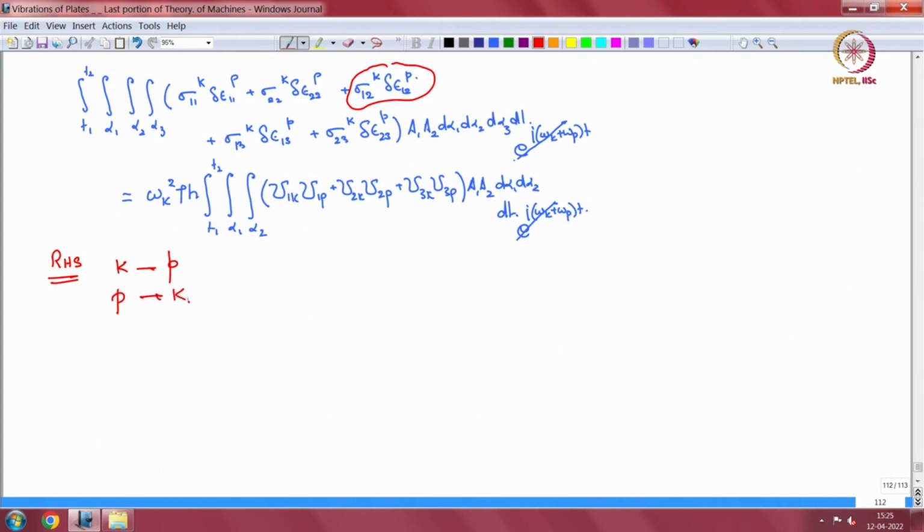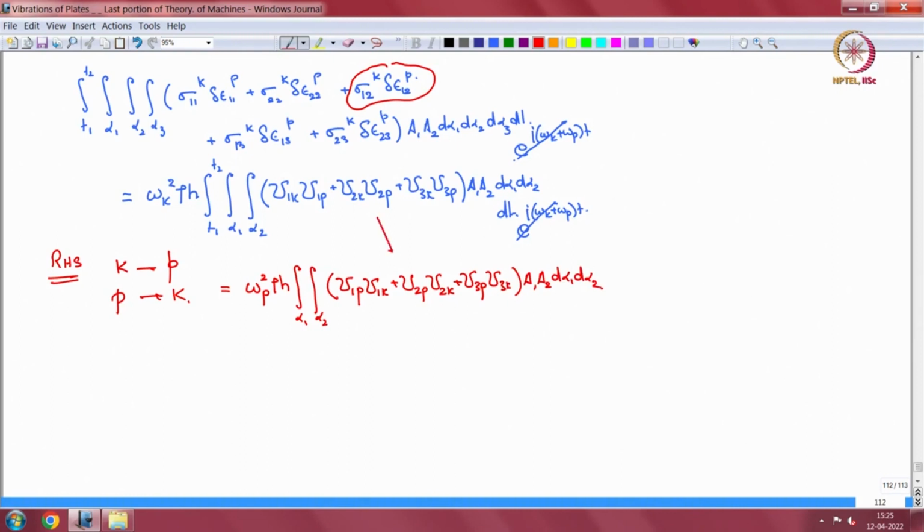So the right hand side looks like omega p square rho h, I will keep the time out, again u1p u1k plus u2p u2k plus u3p u3k, A1 A2 d alpha 1 d alpha 2.